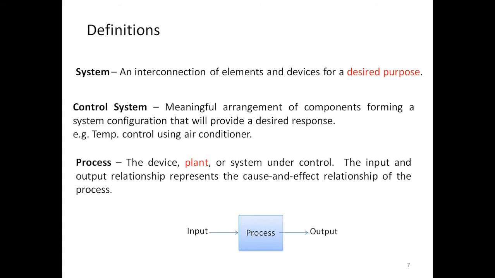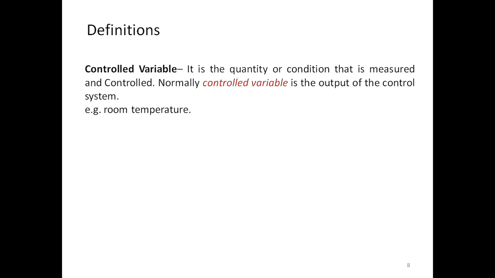Process: the device, plant or system under control is nothing but the process. The input and output relationship represents the cause and effect relationship of the process. Look at this block diagram. For the process, there are some inputs and there are some outputs. Then control variable.